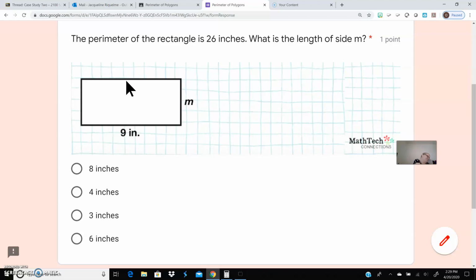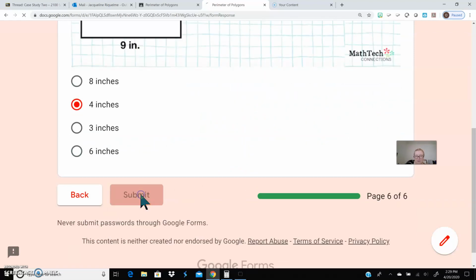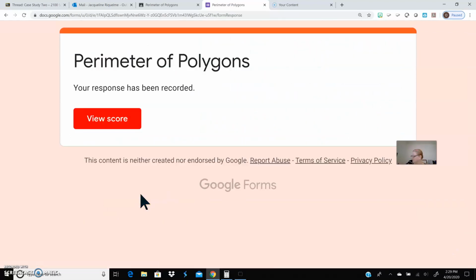Okay, so the total that I have left over is 8. But remember, there's two sides, so both sides can't be 8. So I'm going to take half of 8 and put 4 here and put 4 here. So they're wanting the length of side M. It's 4.